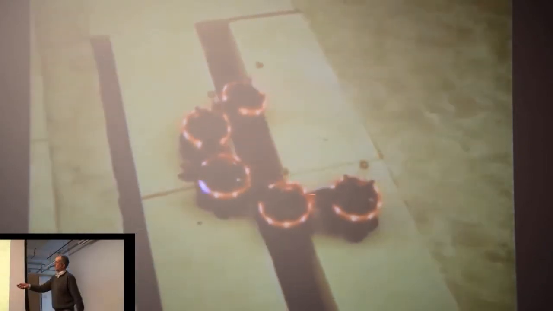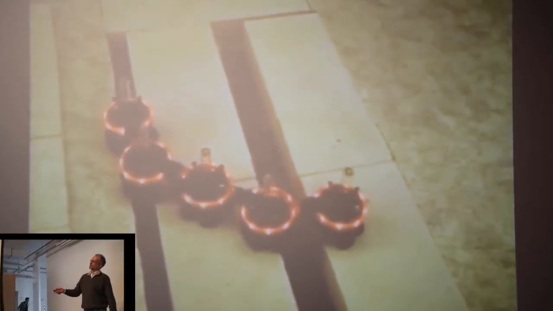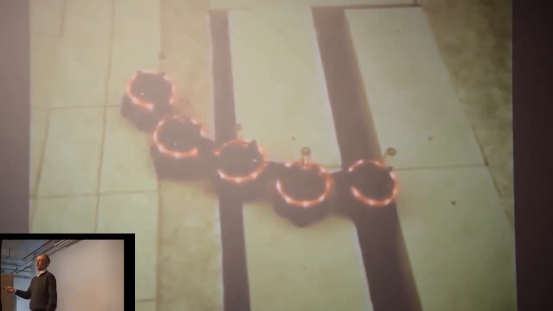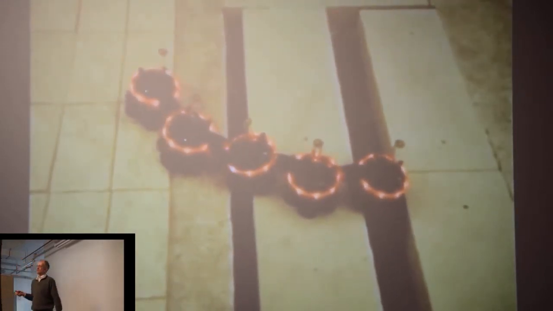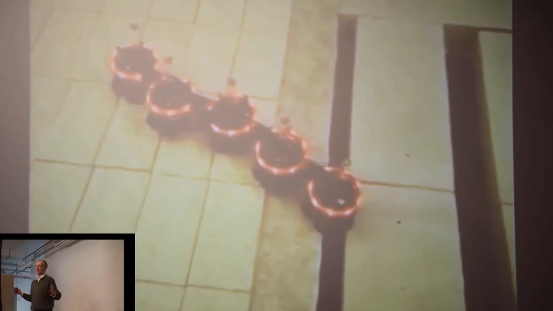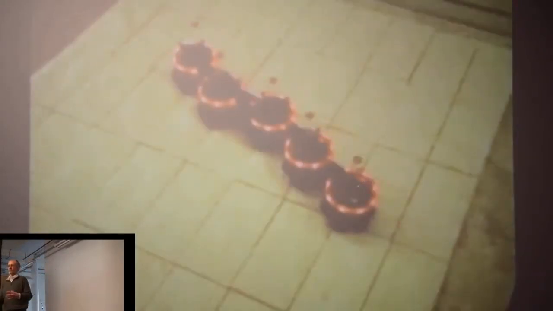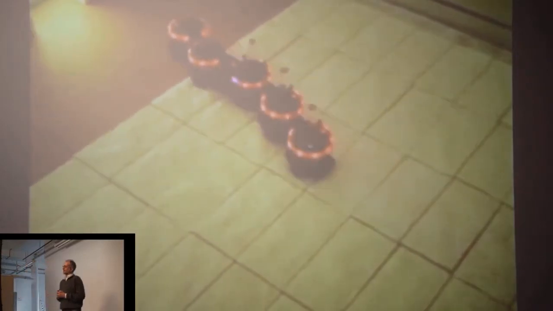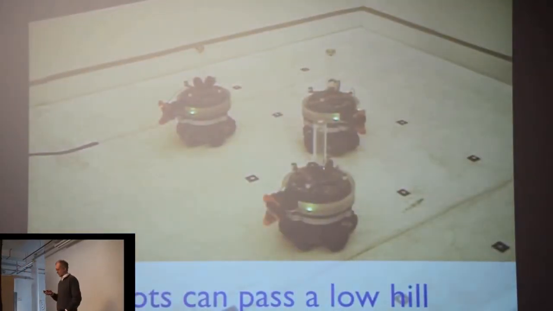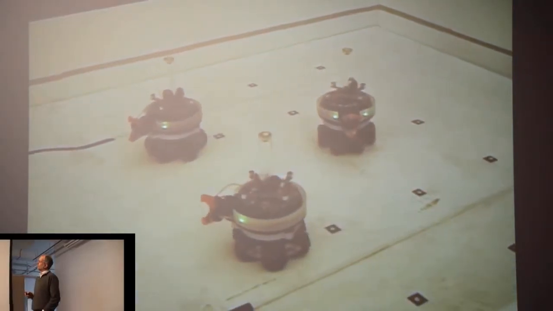So the idea here, for example, is that the first robot arrives there and sees that there is a gap. It cannot go over the gap alone, so it stops and switches on its red light, and calls for help, basically, so that other robots arrive, and by attaching to each other, they can pass over the gap.